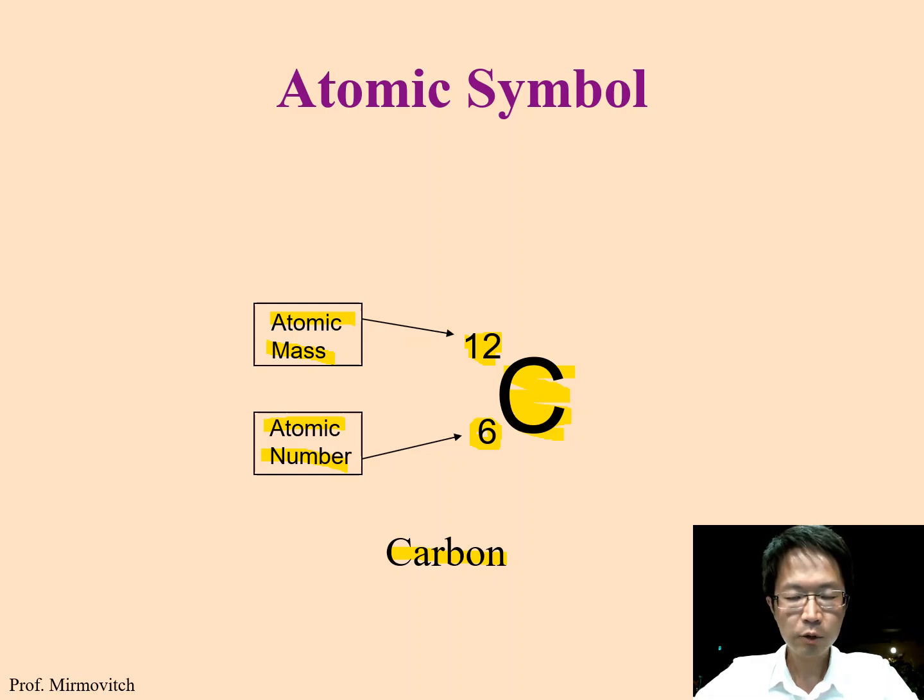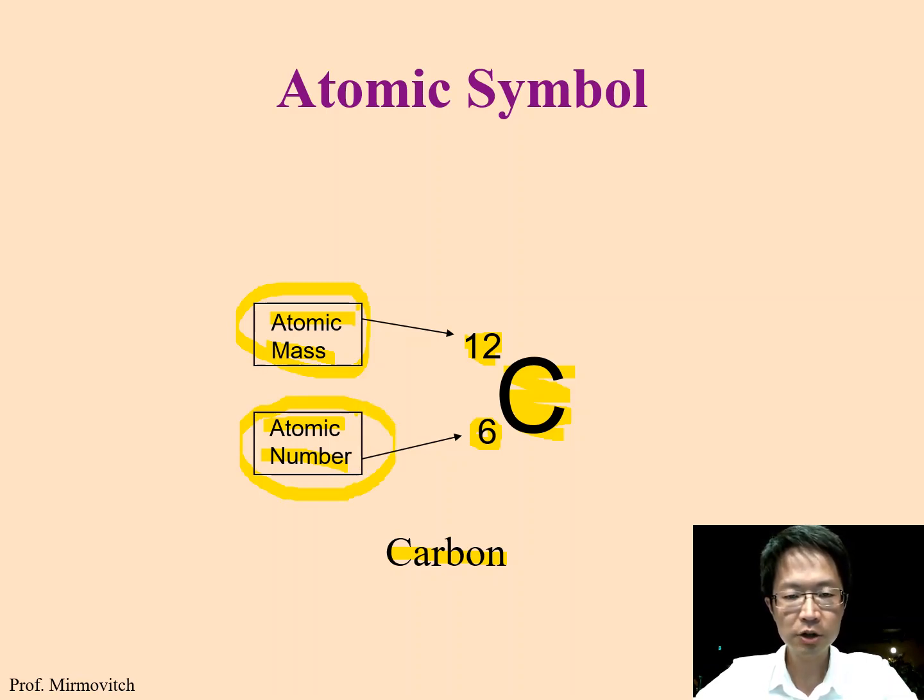So if you want to find out the number of neutrons in an element, what you need to do is very simple. Just use the atomic mass minus the atomic number. Then you get the number of neutrons.